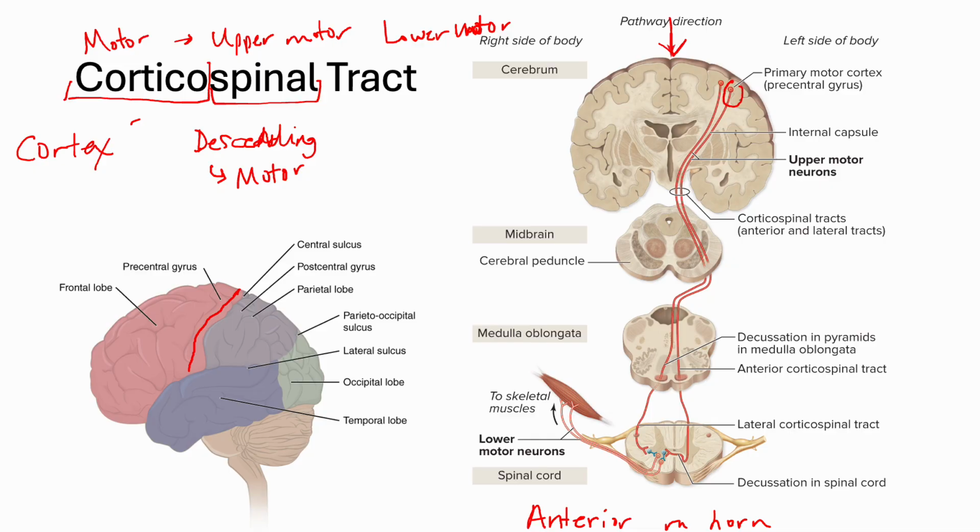So this lower motor neuron then is going to send the signal right out through the anterior root to the skeletal muscles of our body, of our trunk and our limbs.